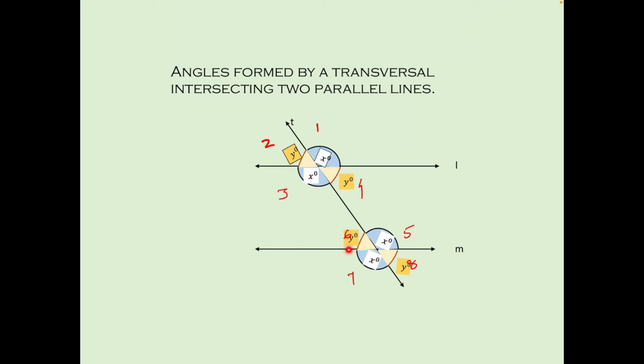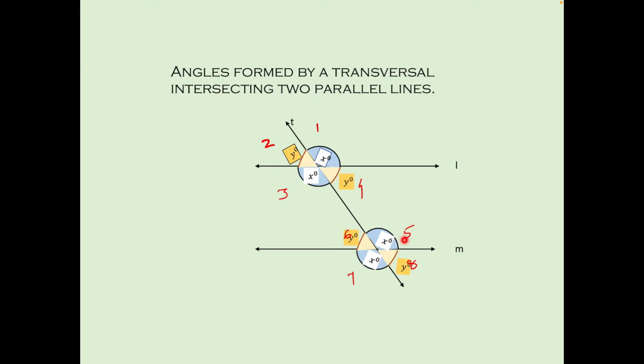They will not be of the same measure. You can see they have different measures, but yes, the opposites have the same measure. These angles will not have the same measure, but they are supplementary to each other. That means the sum of these two angles will be 180 degrees.